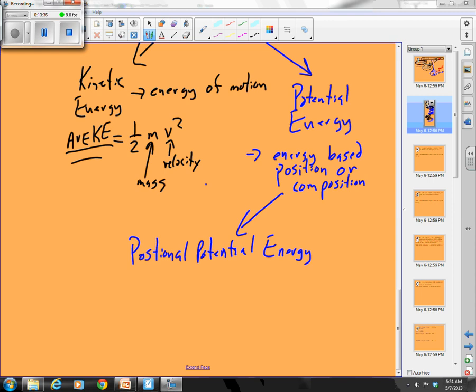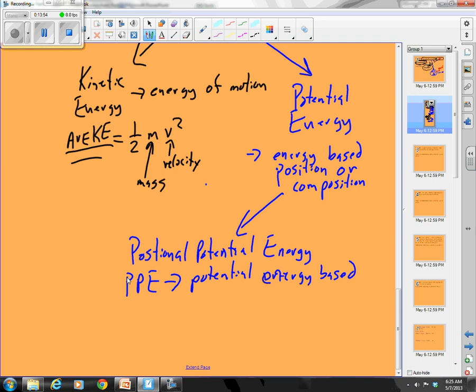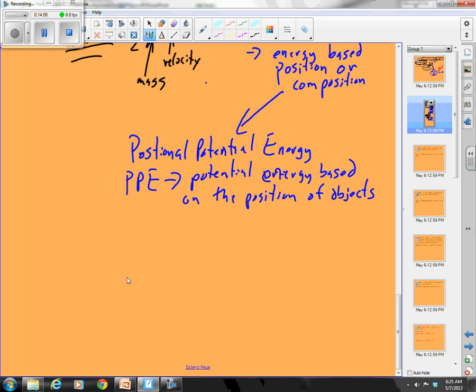Okay, I'm back. And positional potential energy. Positional potential energy is the potential energy based on or resulting from the position of objects relative to each other. That's easy, almost silly, right? What is my equation for this?